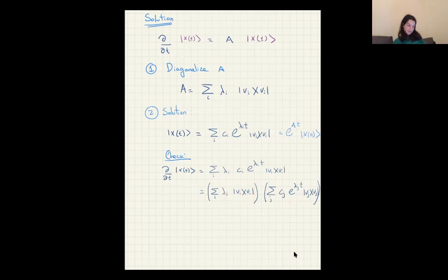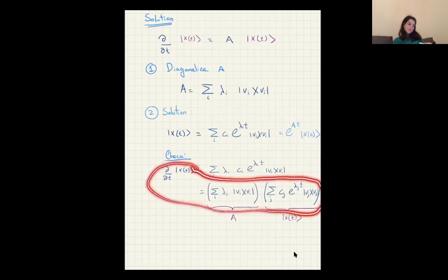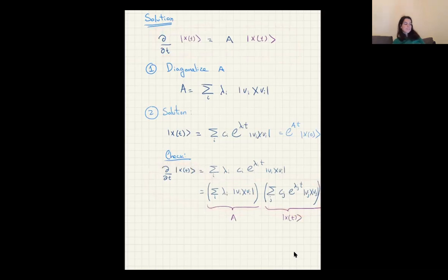And this thing here is exactly my matrix A, like we saw before. And this is my x of t, right? So this equation is the same as this original equation. Okay. So now we have this task of diagonalizing this matrix A.